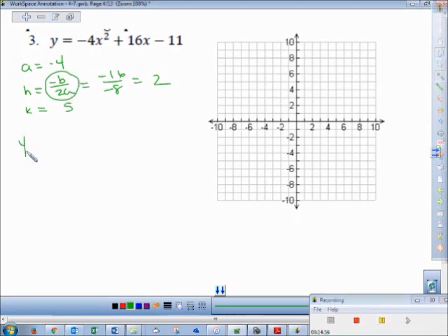Cool. So y equals negative 4 times the quantity x minus 2 squared plus 5. Correct? Table them up. Of course, if you do have a graphing calculator, you can use the table of values, but we need to practice our mental skills.